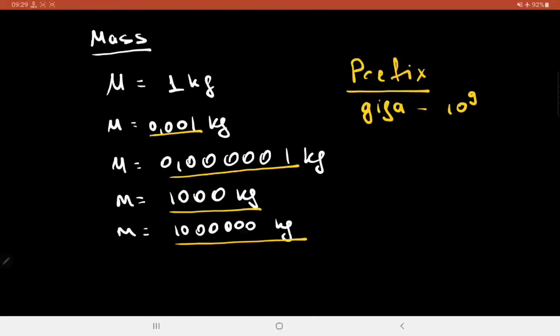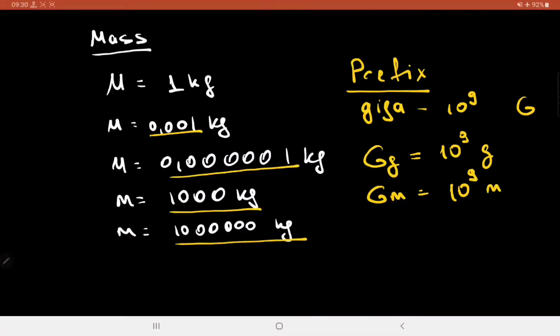And the symbol that we use to describe giga is capital G. For example, gigagram. Gigagram equal to 10 to the power of 9 grams. For example, gigameter. Yes, gigameter equal to 10 to the power of 9 meter, etc. So we use this kind of prefixes.